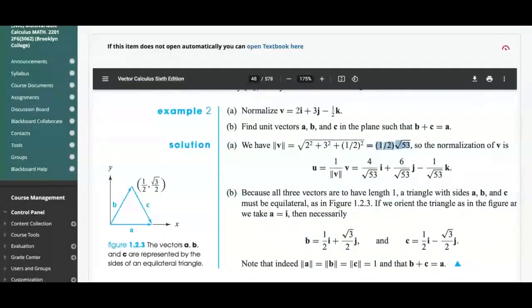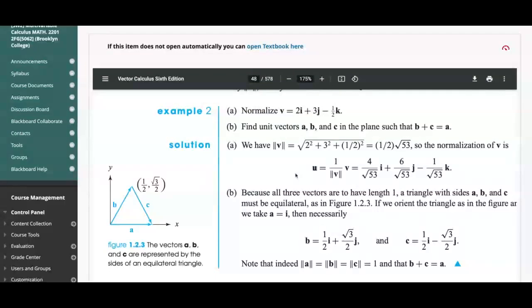We just divide every component by half of square root of 53. That's how we get this. If we square the first component, the second component, the third component, add them up, and take the square root, we will get 1. So unit vector means length 1.